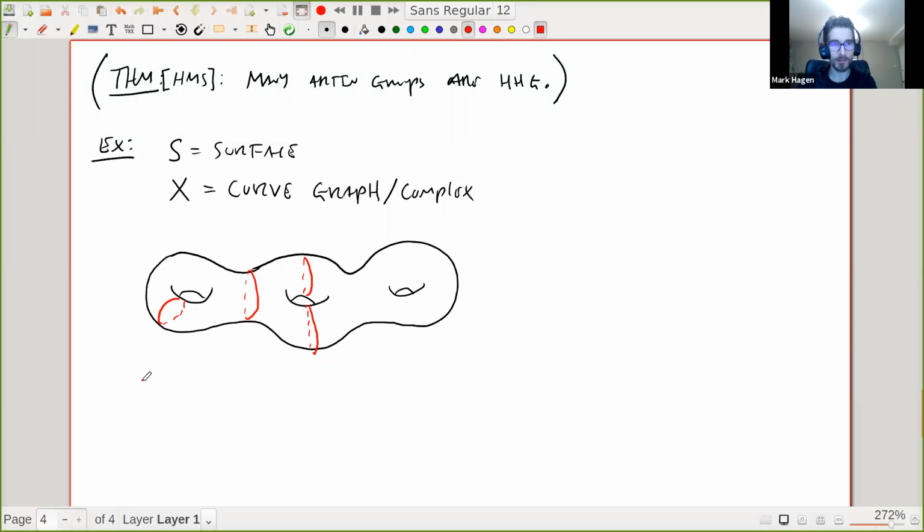So in the curve graph, I have a vertex for each of these curves, and they're all disjoint. So that's a simplex. And now what's the deal with the link?